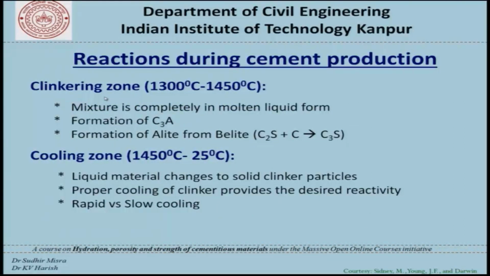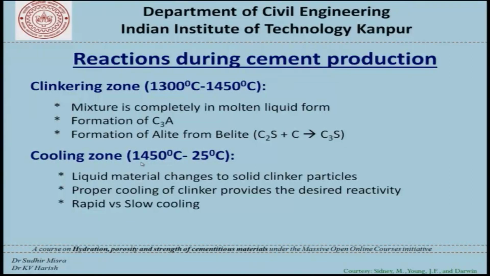In the clinkering zone, 1300 degrees Celsius to 1450 degrees Celsius, the mixture is completely in molten liquid form. Formation of C3A takes place, and formation of alite from belite, that is C2S reacts with C to give C3S. Remember that C does not refer to carbon, C refers to calcium oxide. Cooling zone, 1450 degrees Celsius to 25 degrees Celsius.